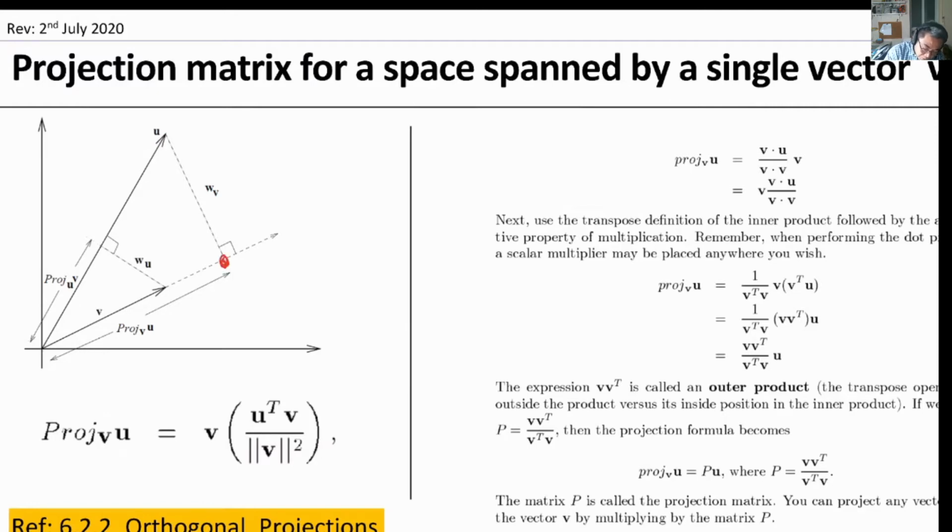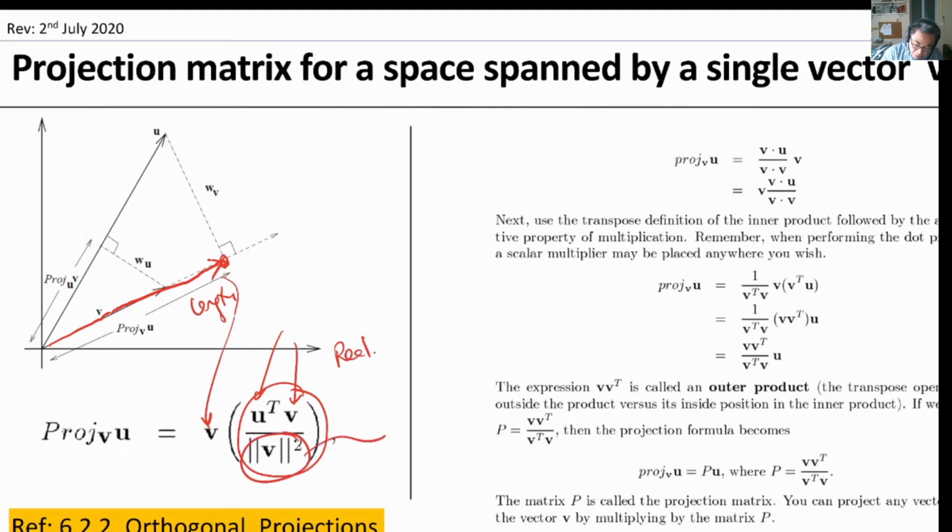This point is along vector V. It has a length determined by this scalar, because u transpose multiplying with V is a real number.